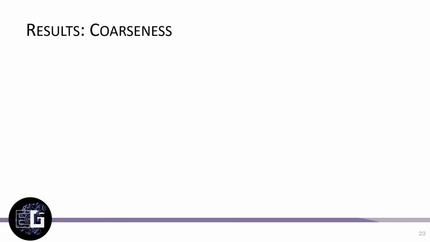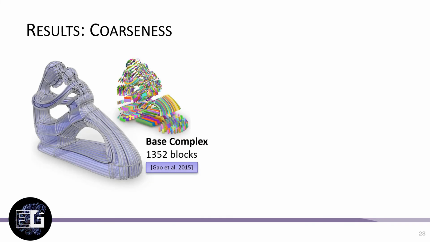Here, we also see the process of reduction. It is rather obvious how beneficial it is to the simplicity of the obtained partition. Now, let's evaluate this simplicity. As mentioned before, we can consider the base complex, that is, the conforming volume partition that is formed by the complete set of separatrix isoplanes.